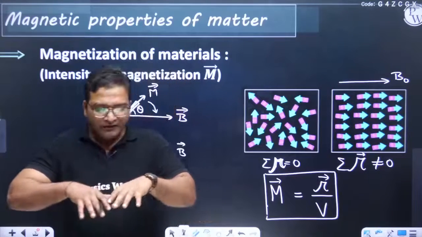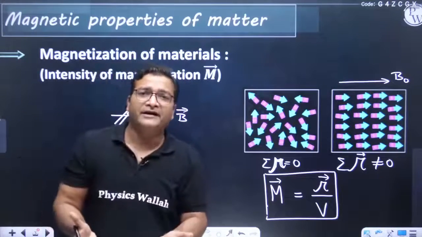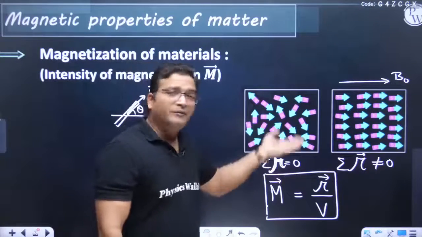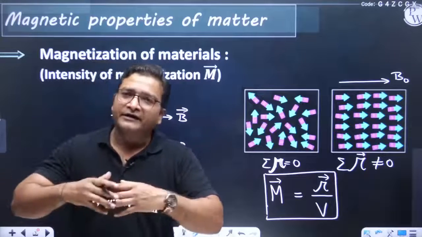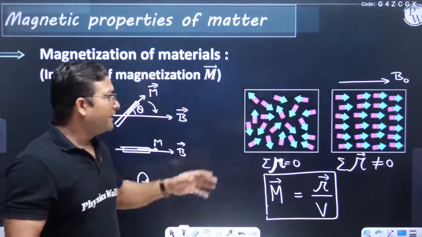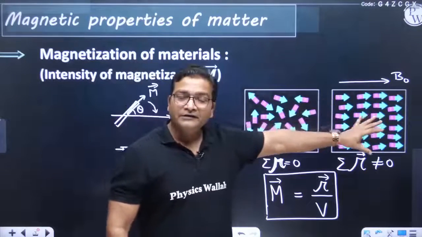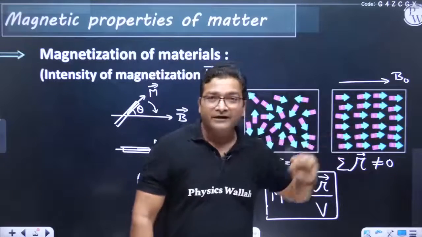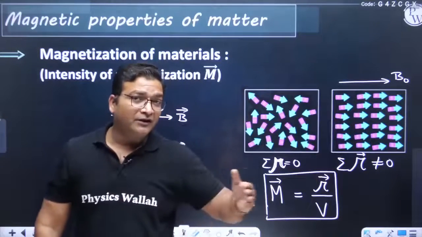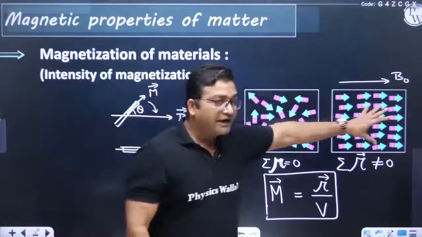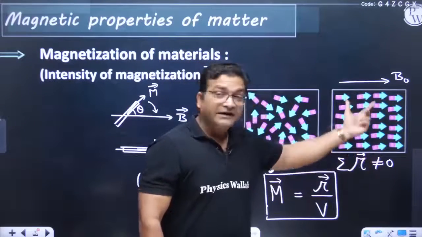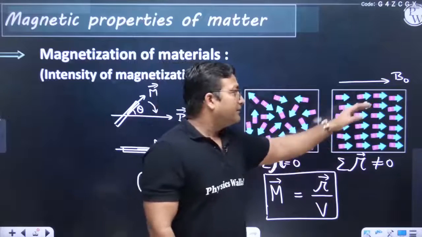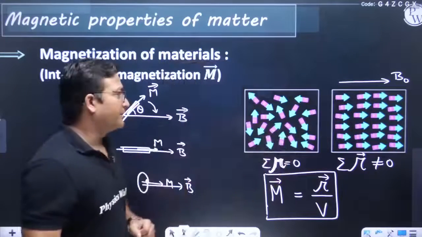But if we take a freshly prepared paramagnetic substance, the net dipole moment is 0, as each dipole is oriented in random direction. But when we apply a magnetic field, they try to align along the magnetic field. When they align, magnetization happens. The material becomes a magnet, and this is the paramagnetic substance.